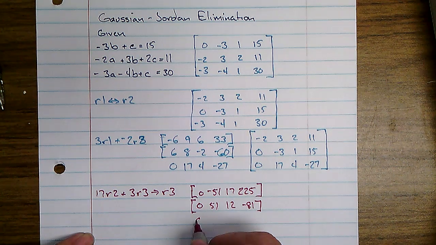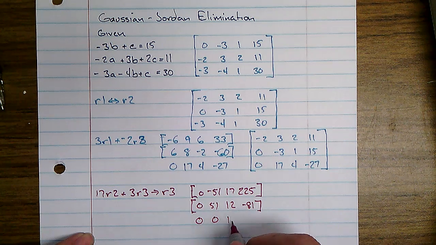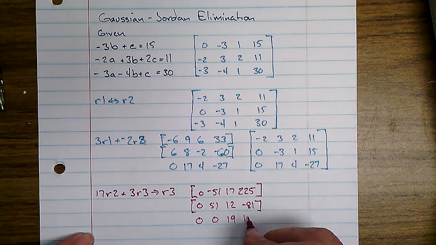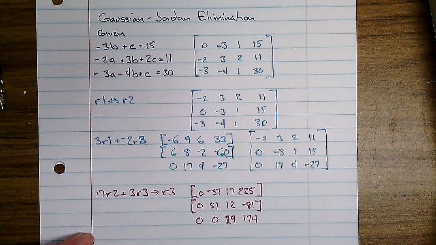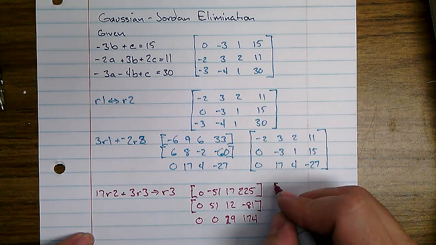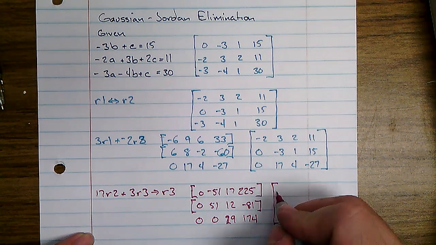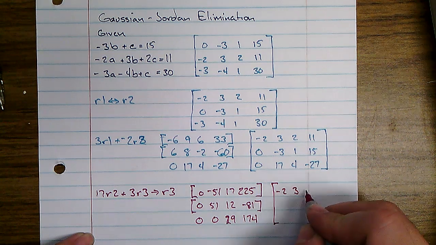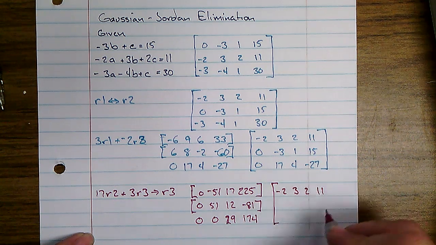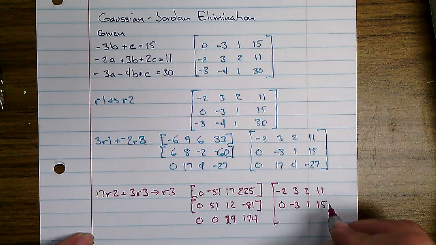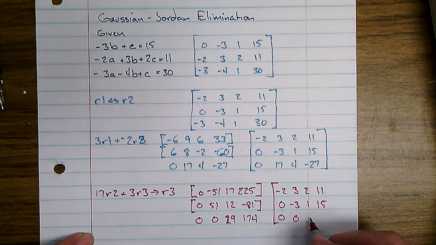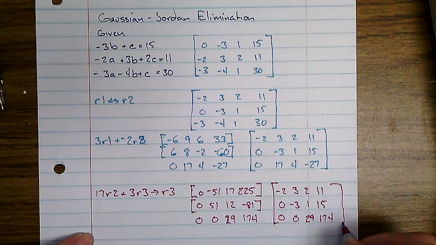Add these together, and I get 0, 0, 29, 174. So I can rewrite my matrix: -2, 3, 2, 11, 0, -3, 1, 15, 0, 0, 29, 174. Now, we are in echelon form.